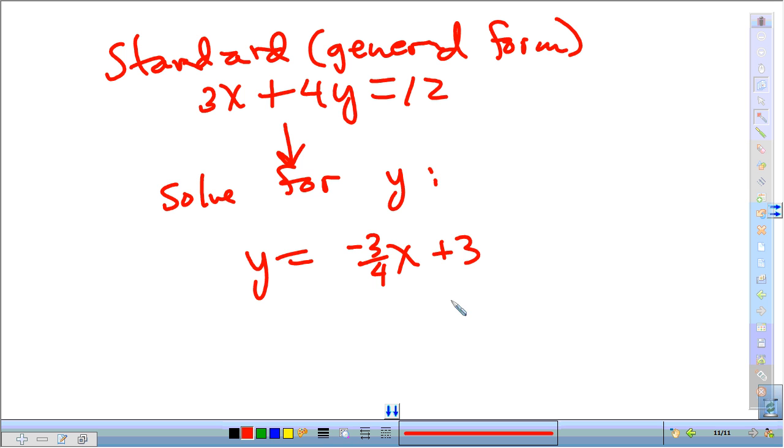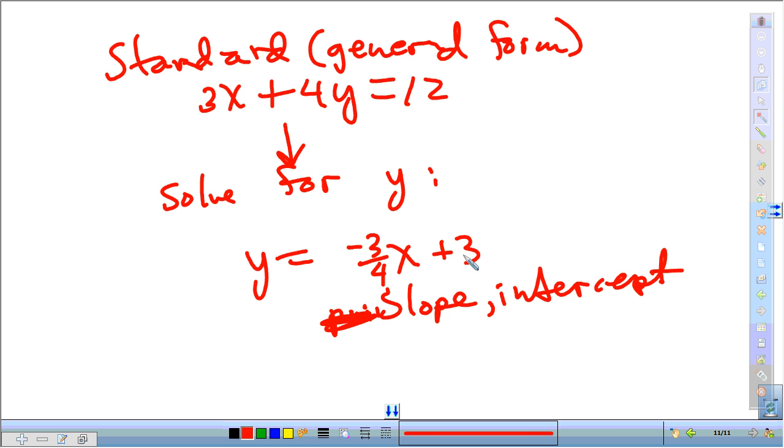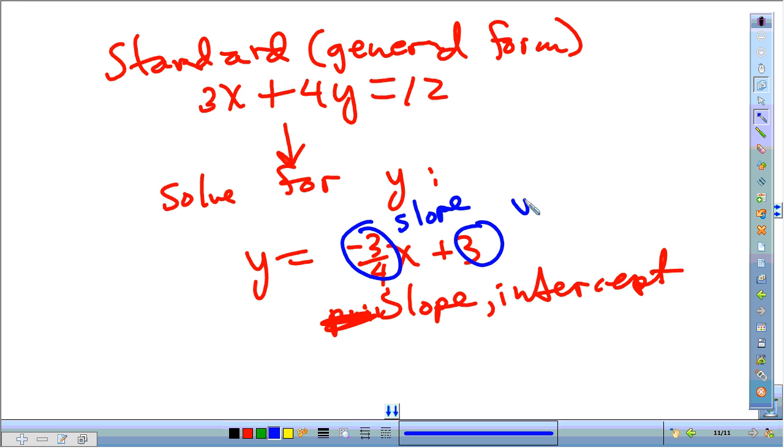So a different form of the same line. So in this form we have slope and intercept. So you could find the slope by solving for y and looking at the coefficient of x.